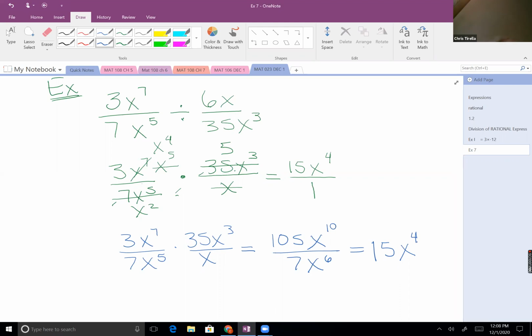What we haven't done yet is add and subtract them. And next semester, if and when you take that Math 110, you're going to find that adding and subtracting general rational expressions involves a lot of work.